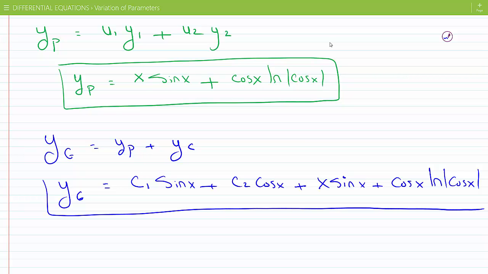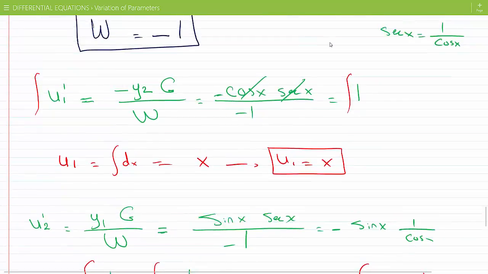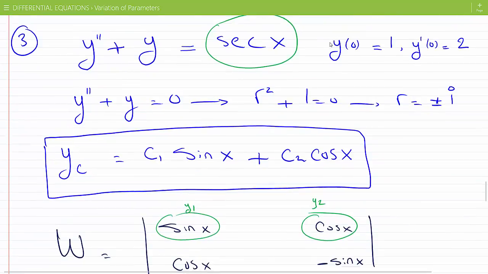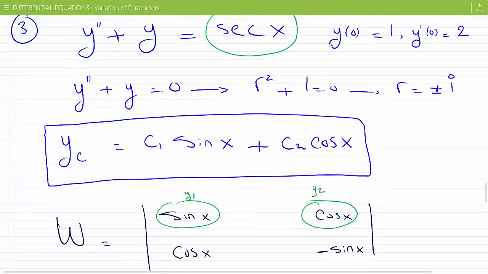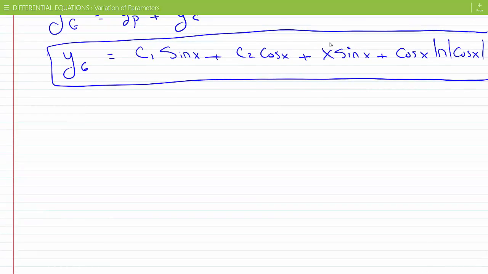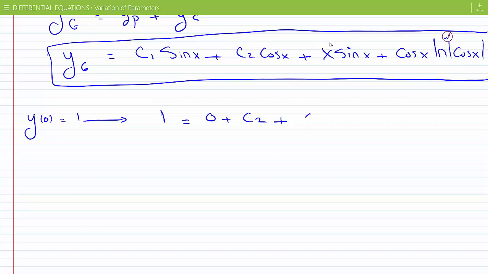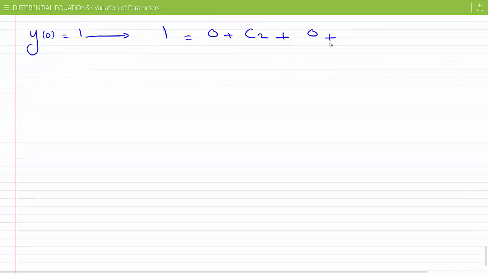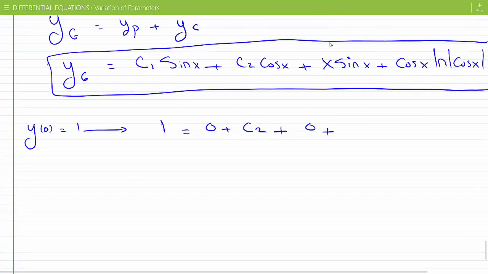And now, this is y general. We can use the initial conditions in the problem to solve for c1 and c2. We are told that y of 0 equals 1. So plug in 0 for x: y is 1 equals 0 plus c2 plus 0 plus cosine 0, which is 1, times ln 1, which is 0, so the last term is 0.